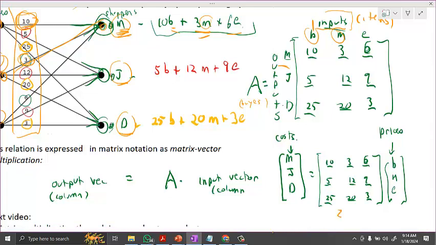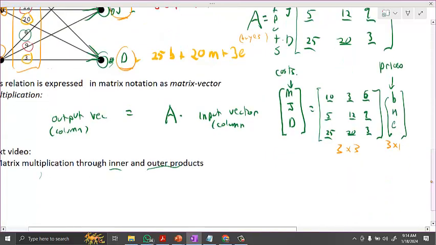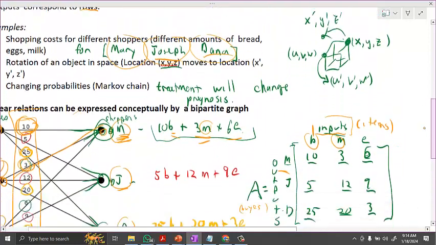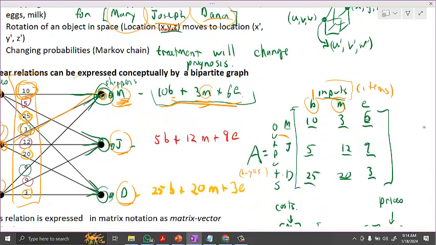This matrix is 3 by 3. This column is 3 by 1. If I take the product of these two, that becomes a 3 by 1 product. And in fact, this 3 by 1 product is exactly this set of 3 numbers that I have here. The first entry is this, the second entry is this, the third entry is this.